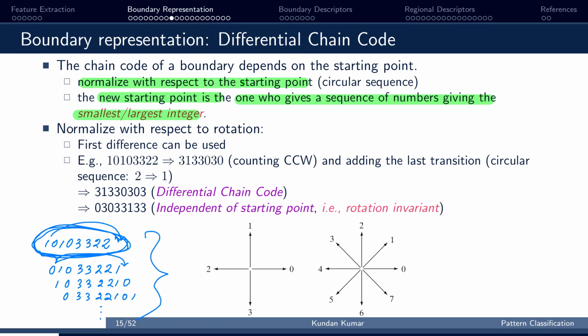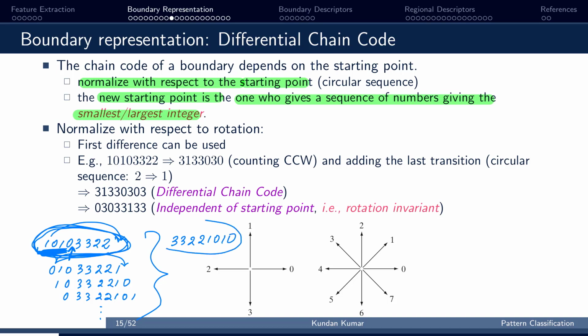So here 3 is the largest number in this chain code. So we can write 3, 3, 2, 2, and then the rest of the preceding portion in circular sequence, so it will be 1, 0, 1, 0.